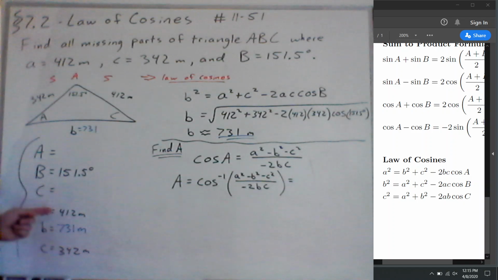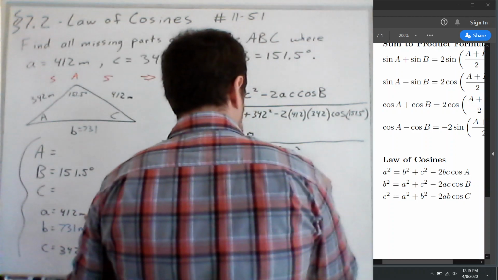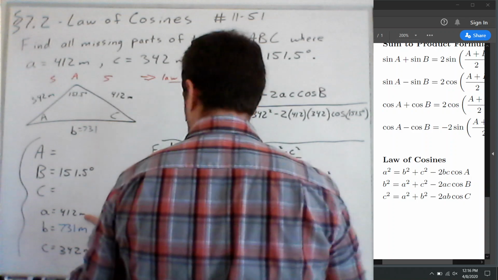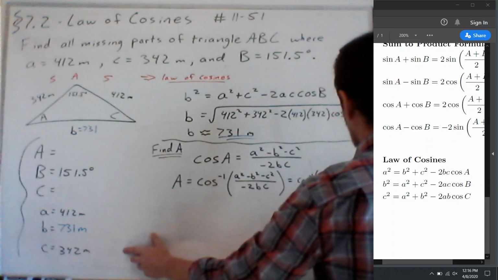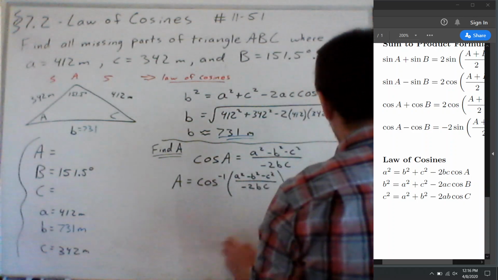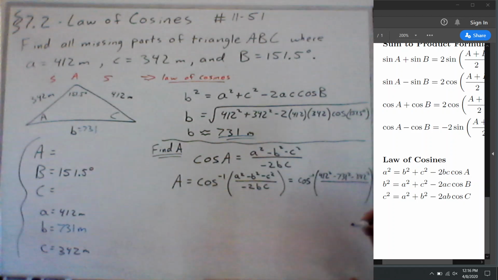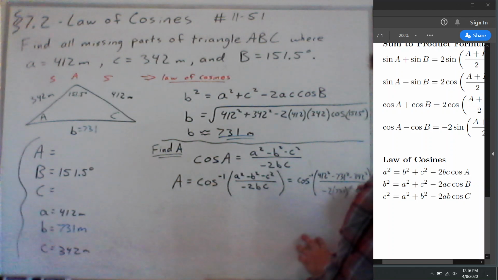Now we just have to plug in all of these numbers. So we want cosine inverse of 412 squared minus b is 731 squared minus c is 342 squared, all over negative 2 times b is 731, c is 342.